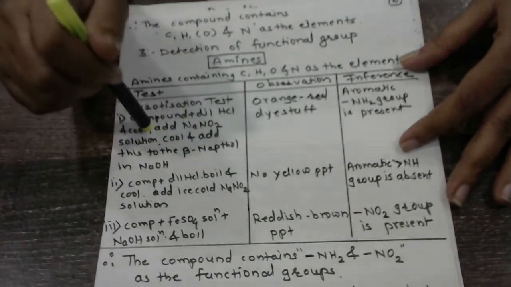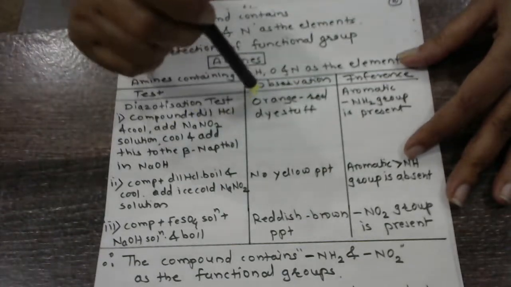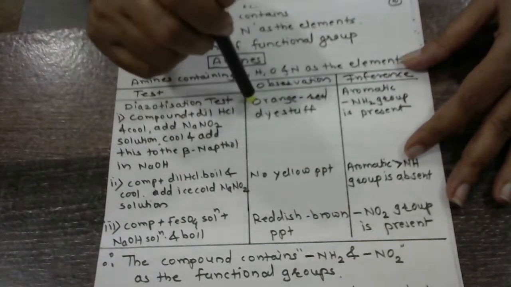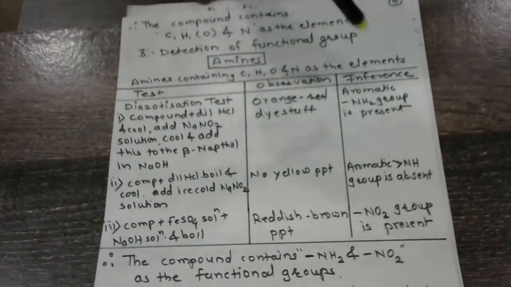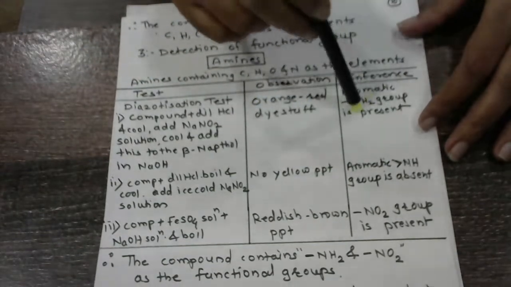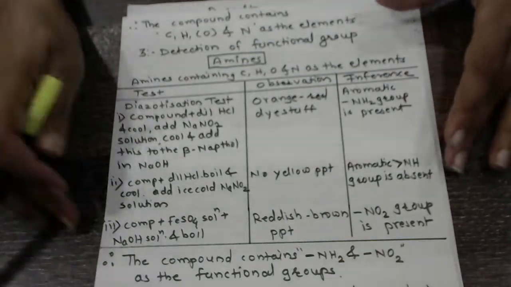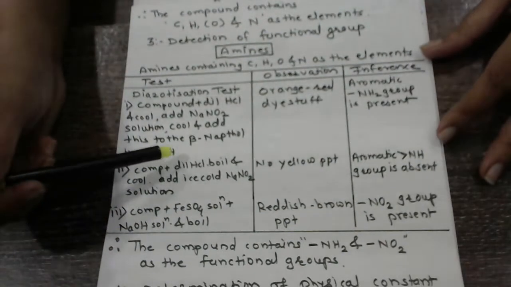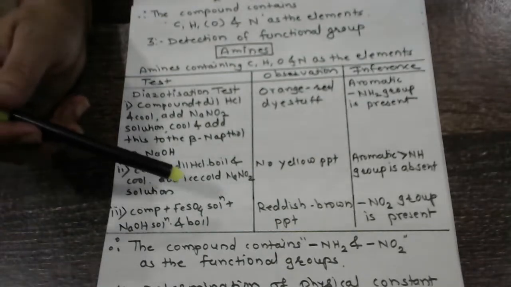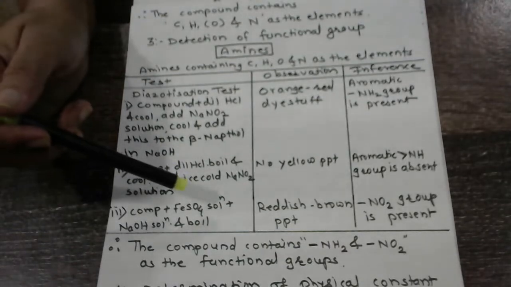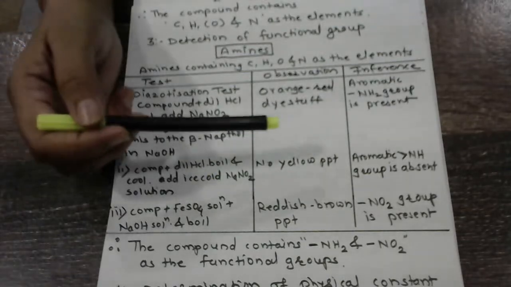Temperature maintenance is very important, where we get orange red dye stuff. We can say from that observation that the aromatic dash NH2 group is present. Now second step, compound plus dilute HCl, boil, cool and add ice cold NaNO2 solution.